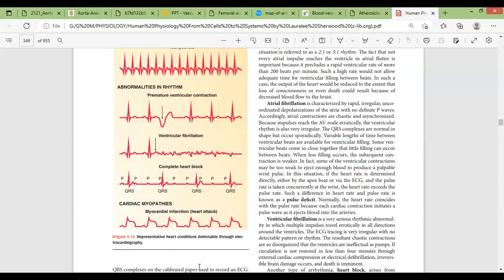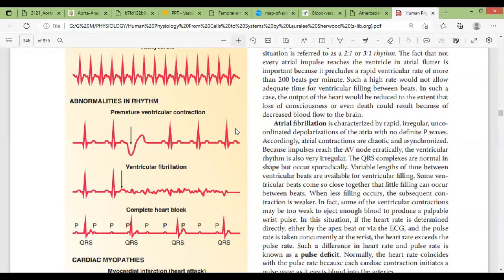And then what about heart attack? In heart attack, what do we notice? Myocardial infarction? What does STEMI stand for?